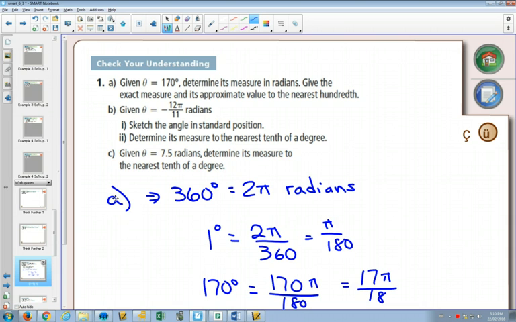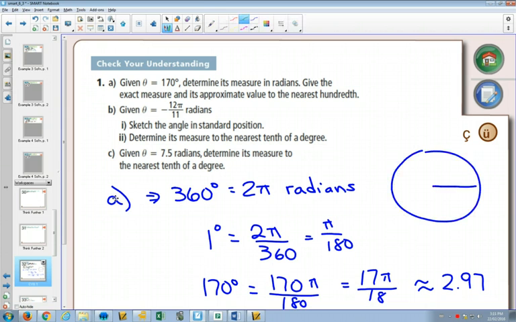And if we enter this into our calculator to get an approximation to the nearest hundredth, it's 2.97 radians. So what that means, if we were visualizing it, if we had a circle with this as its radius, you would have to travel that distance once, twice, and almost a third time around for that length.